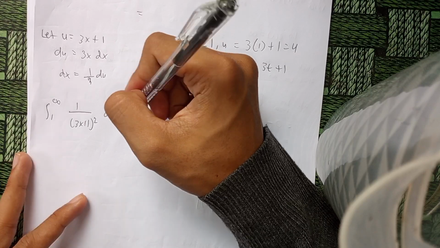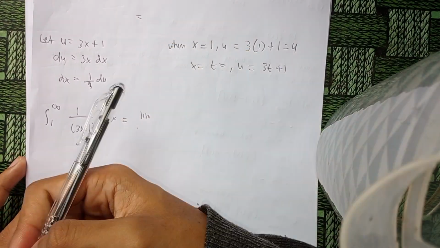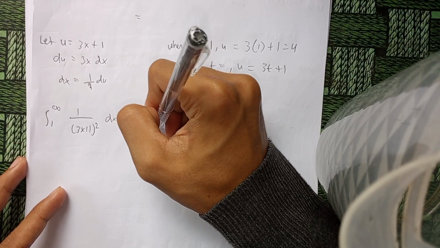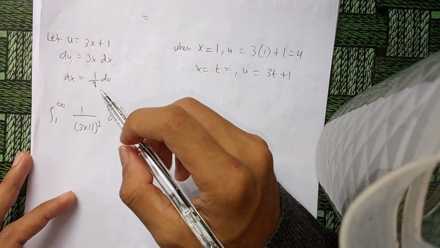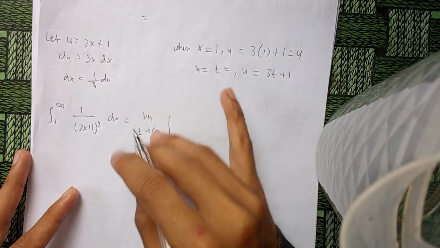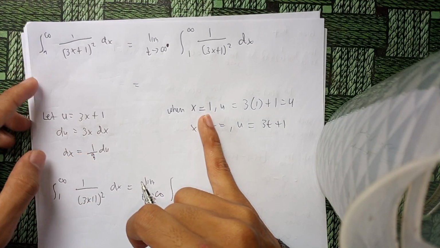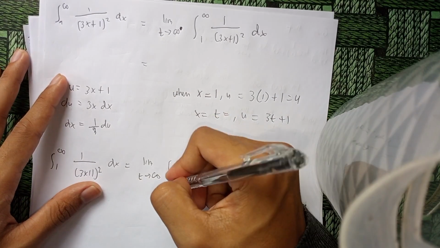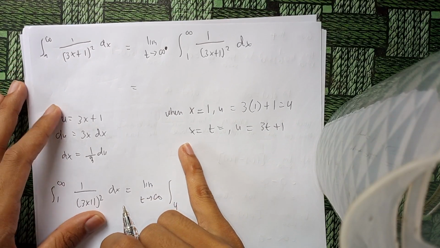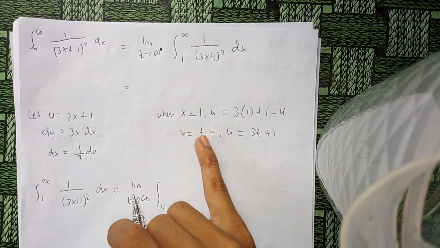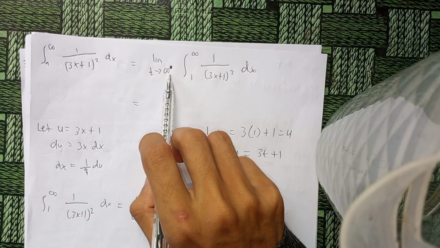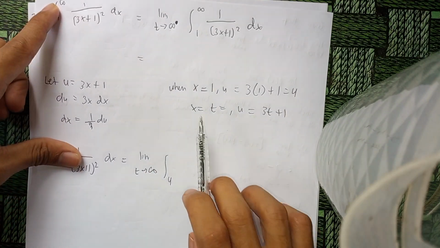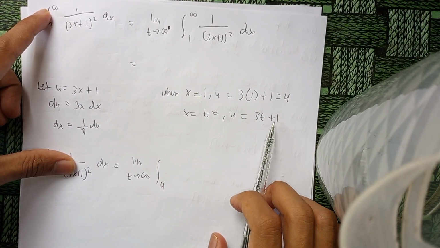So let us now apply the formula. So when x equals 1, then 4. When x equals t, where t approaches infinity, then 3t plus 1.